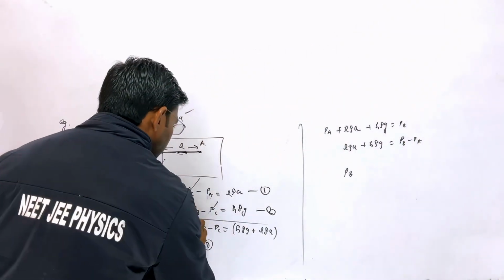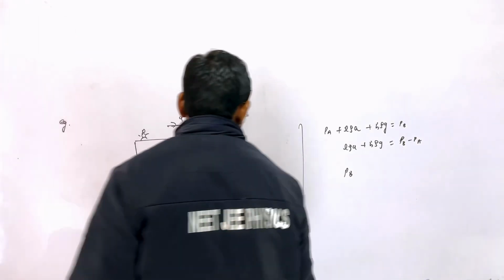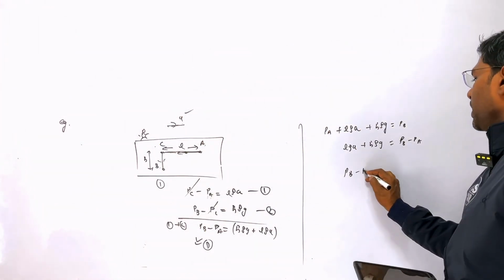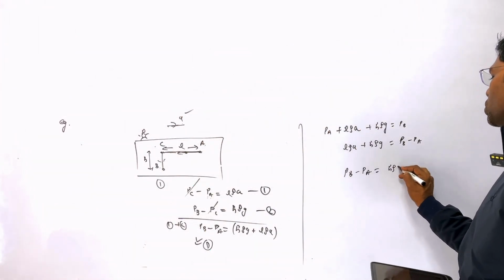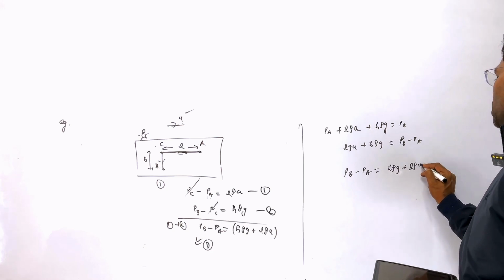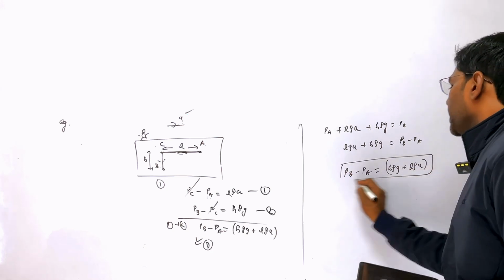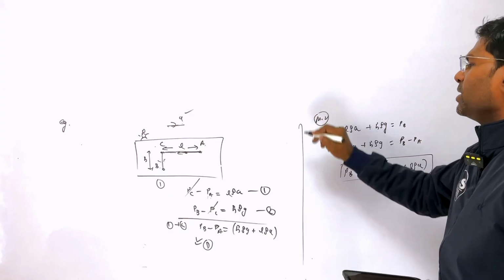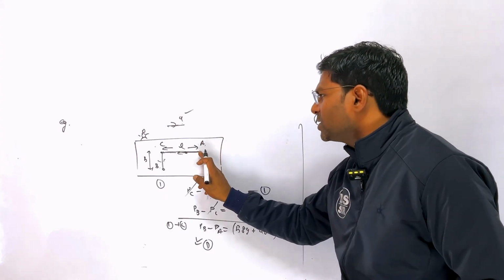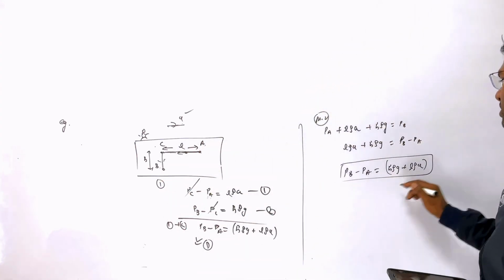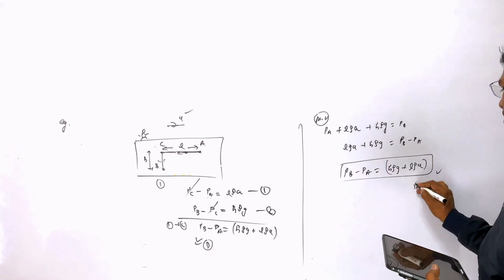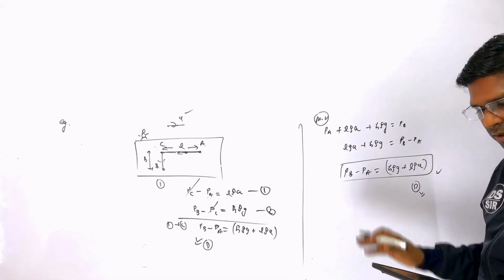Wait for 1 minute. So PB minus PA is equal to H rho g plus L rho into A. This is the pressure difference, and this is method 2. The pressure difference between A and B is this, and option D is the correct option, right? Copy this.